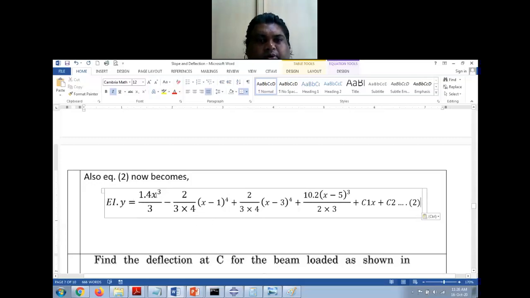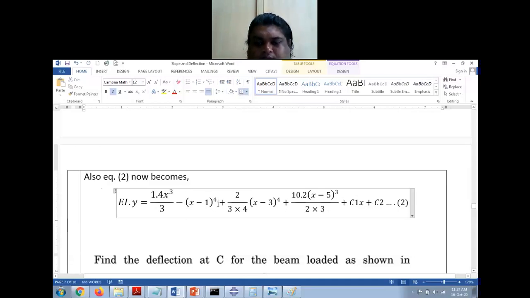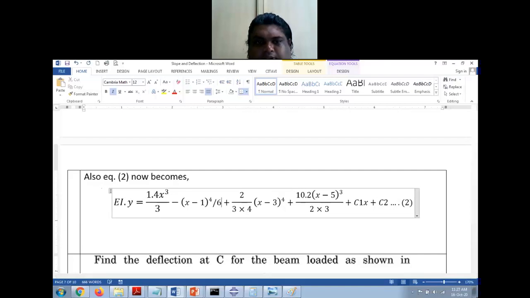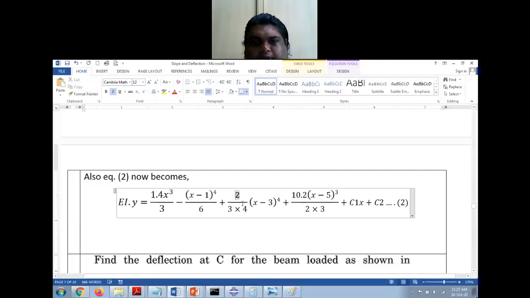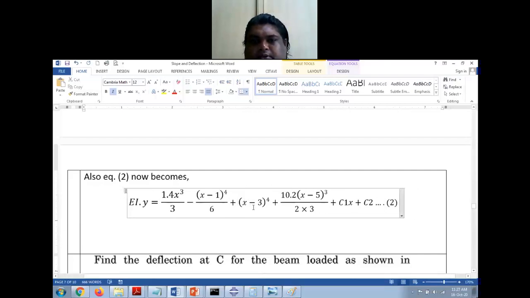So 1.4 by 3, so let it be like this. This 2 and 4 gets cancelled, so this will be 2 into 3, 6. Just remove this, by 6, right? Same as with this, by 6.